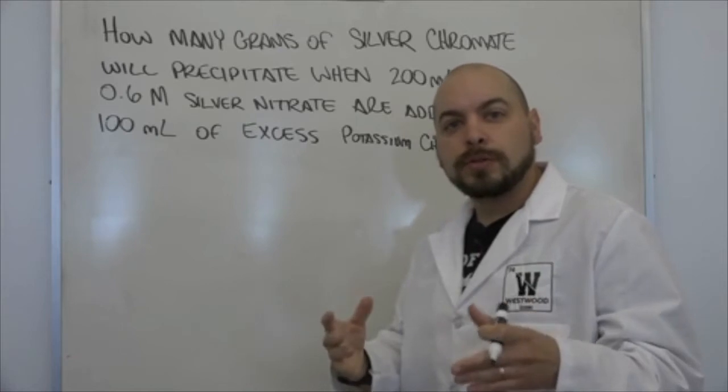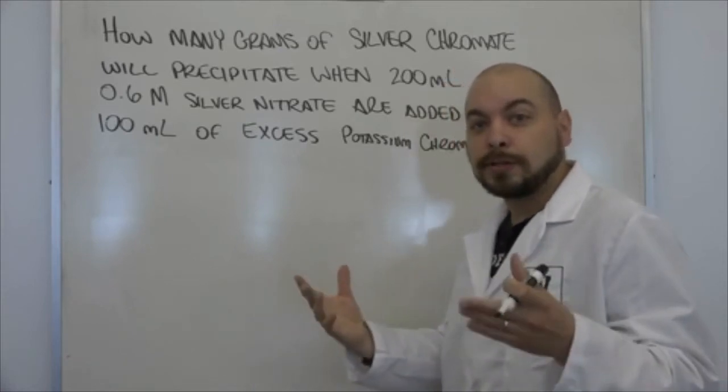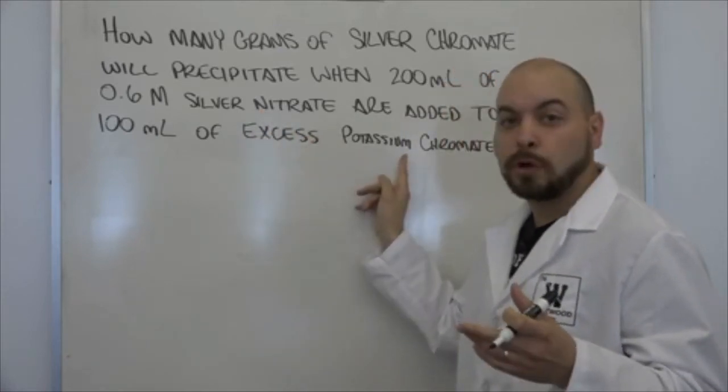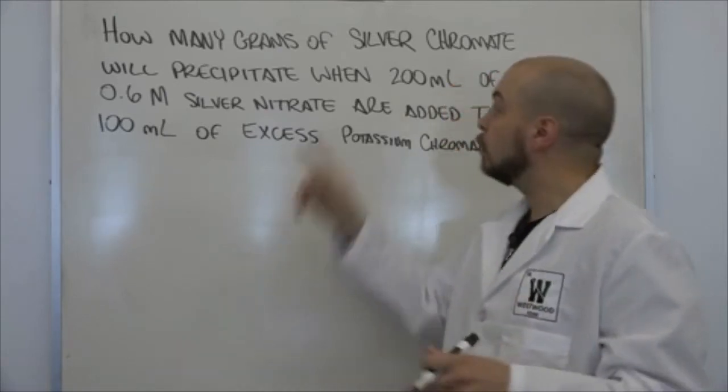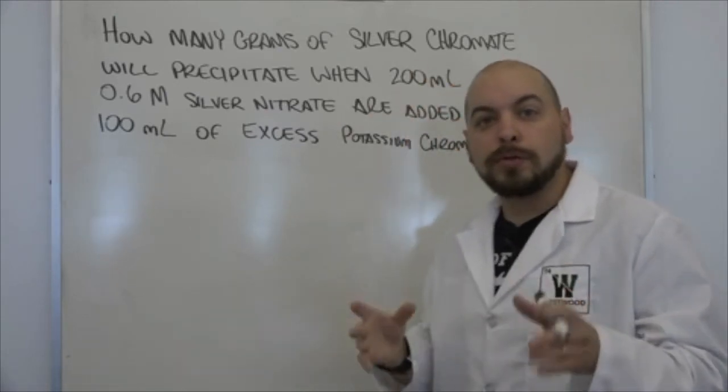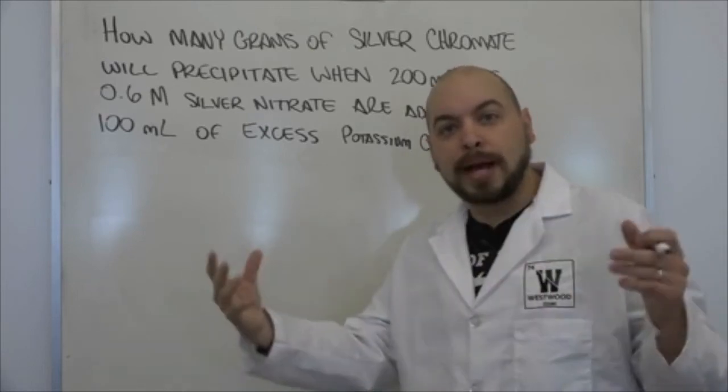So to solve this problem, I'm initially going to have to understand how the silver nitrate and potassium chromate are going to react together to produce silver chromate. So I'm going to write an equation and then balance that equation.